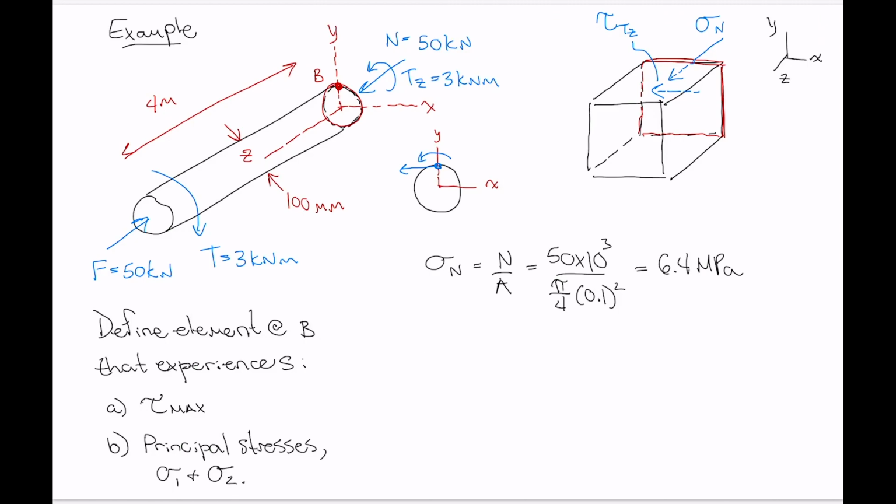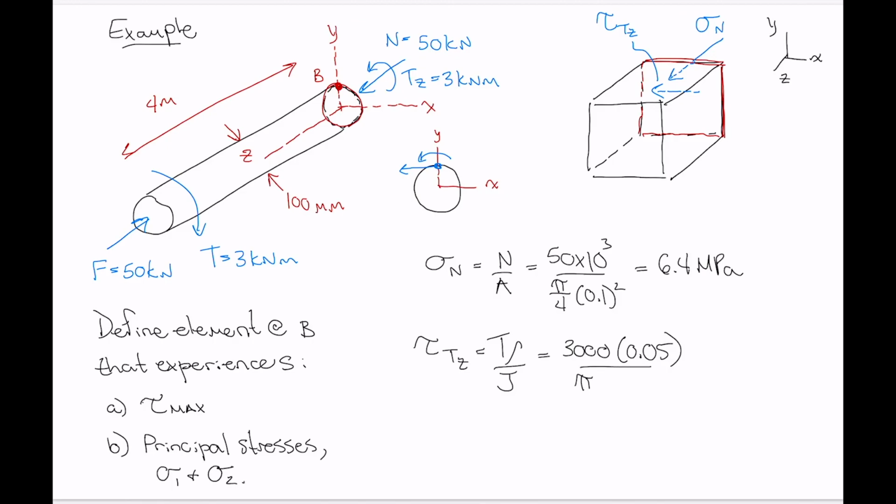Then we've got tau from Tz, T rho over J. And what do we have there? We've got 3,000. Our value of rho, how far we are from the axis of rotation, that's the radius, so 50 millimeters.